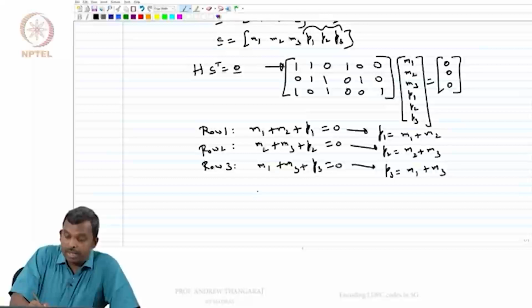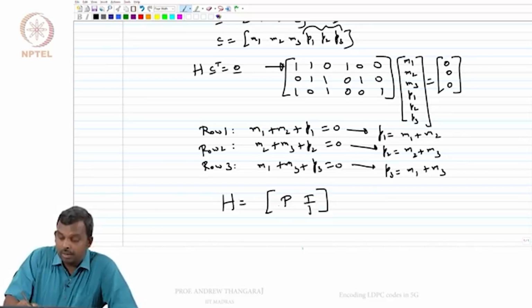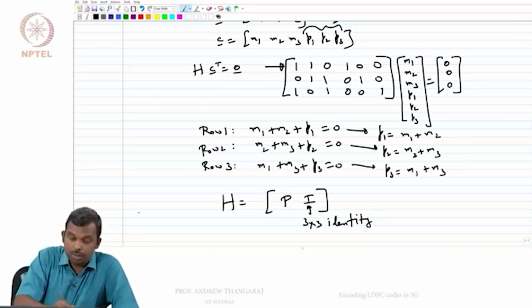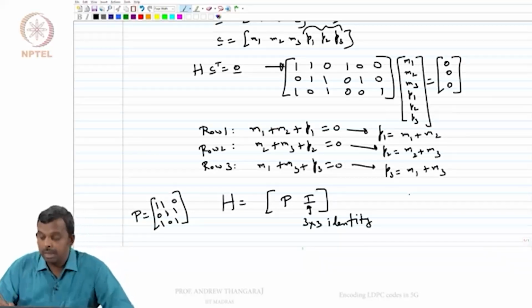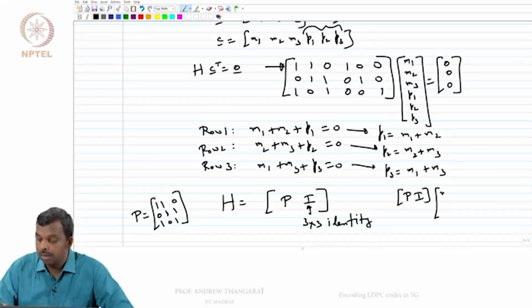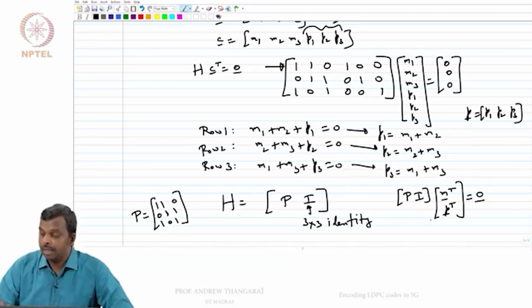So for instance, one more way to write it is you can write H as P and then I, right? So this is the 3 cross 3 identity, and P is just this matrix, right? So P would be 110, 011, 101. Okay, and then you can look at the multiplication here in a slightly different way. H times C transpose equals 0 becomes P times M transpose plus P transpose equals 0. Okay, so what is the parity vector? It is P1, P2, P3, the vector of parity bits, and then you rewrite this.